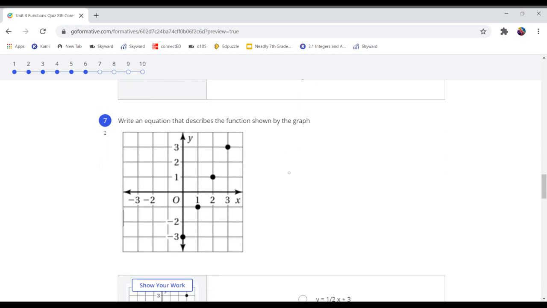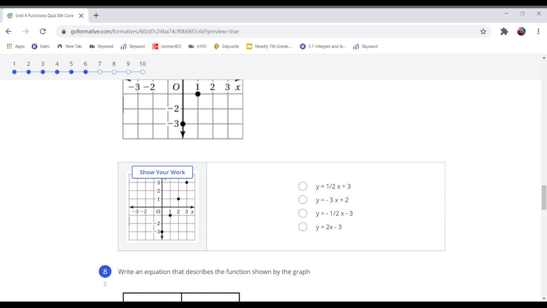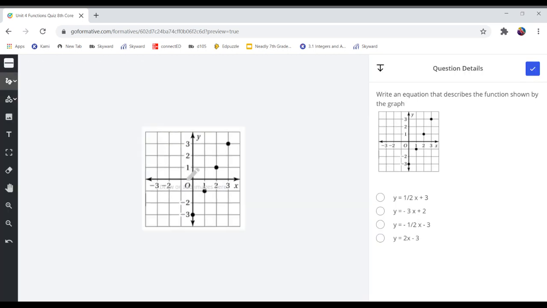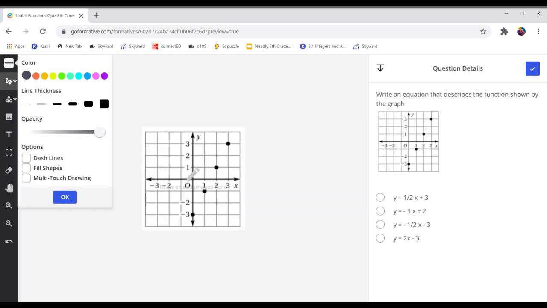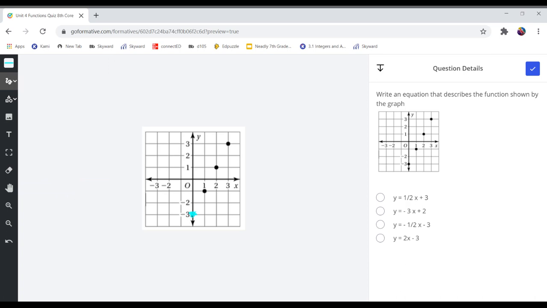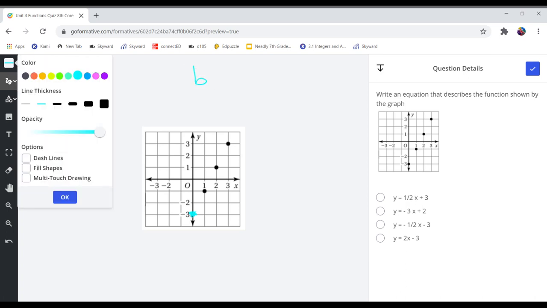Number 7, write an equation that describes the function shown by the graph. So this one's nice. It does give us the y-intercept, which is at 0, negative 3. So that means my b value equals negative 3.